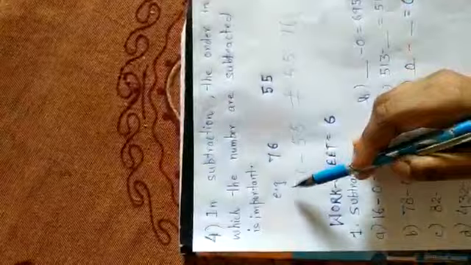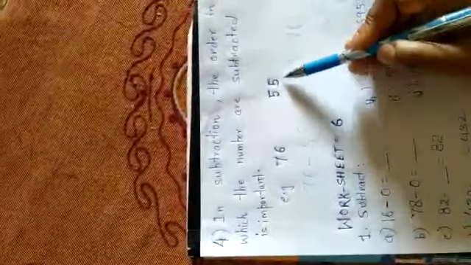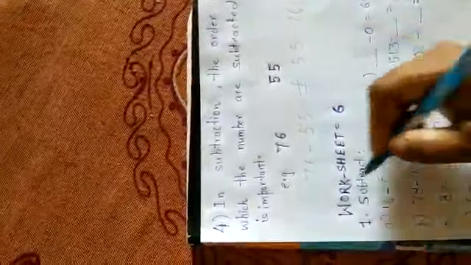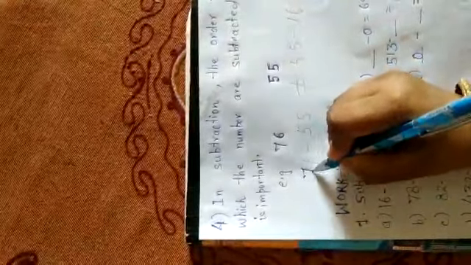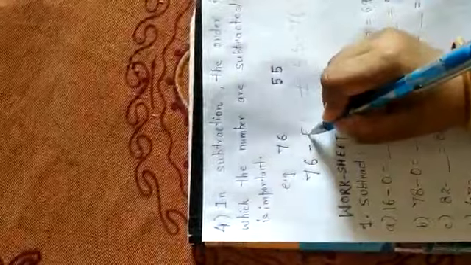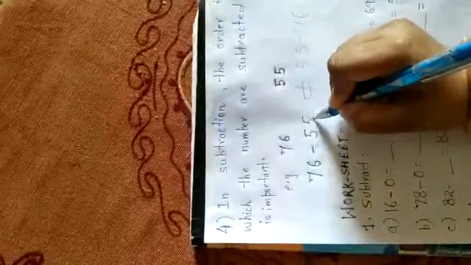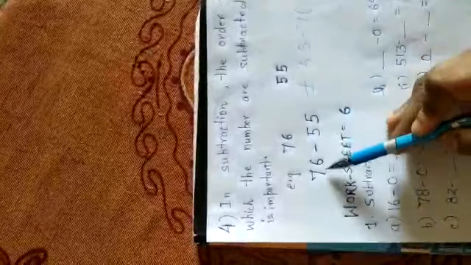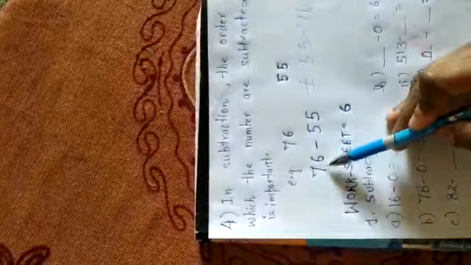Now let us take an example, 76 and 55. Let us subtract these numbers. Here, all of you see, 76 is subtracted by 55, or we can say 55 is subtracted from 76. It gives a result.